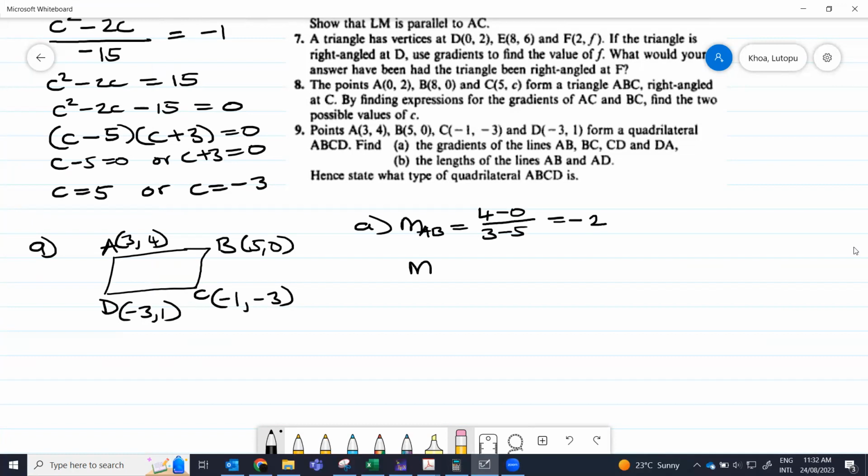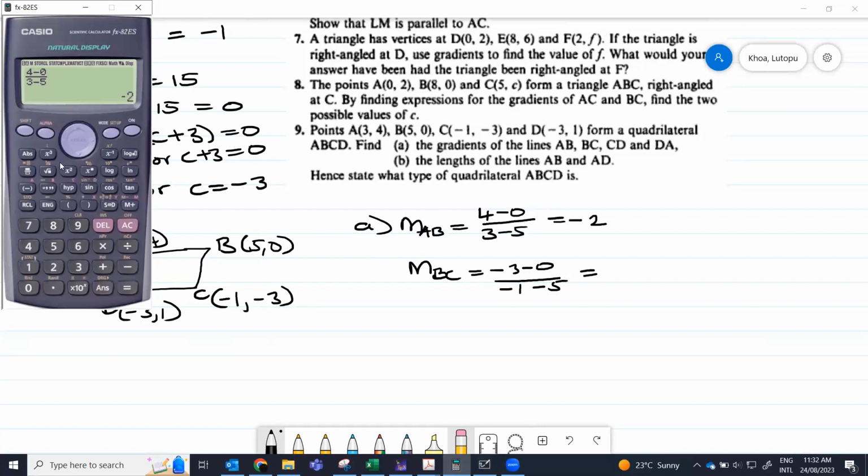And the gradient of BC, this is -3 minus 0 over -1 minus 5. Three minus 0, which is just 3.